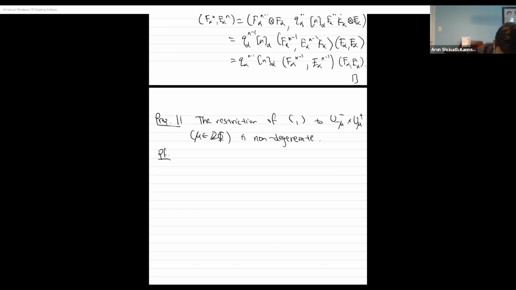Because the dimensions of these two things match, the dimension of u minus mu minus is equal to the dimension of u mu plus, and you can see that by recalling this involution on u, where omega of E alpha is equal to F alpha, omega of F alpha equals E alpha, and omega of K alpha is K alpha inverse.